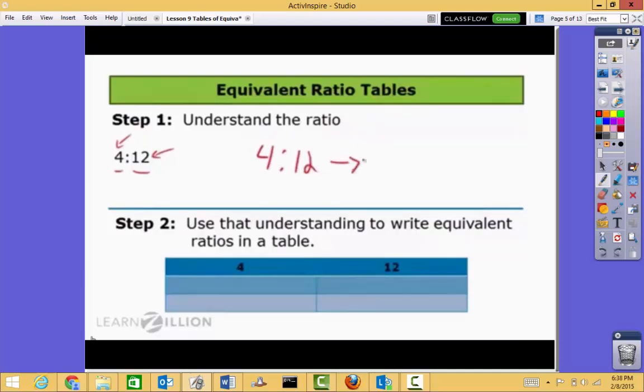To add to my understanding, I know that that's a 1/3 relationship, because I can reduce this ratio to 1/3. Now let's use this understanding to write equivalent ratios in a table. Well, I already wrote one up here, so I know that an equivalent ratio is 1 to 3. Another equivalent ratio would be 2 to 6.